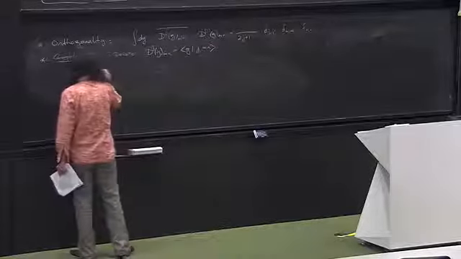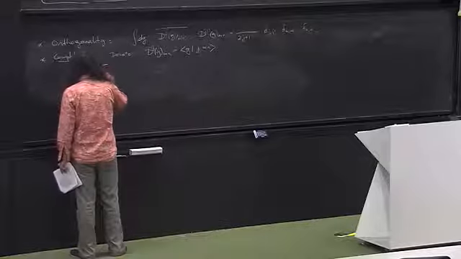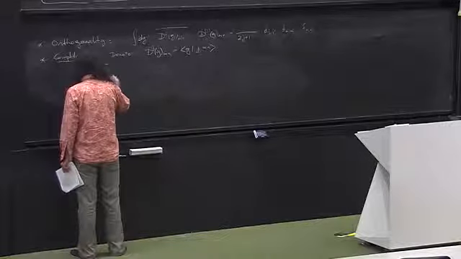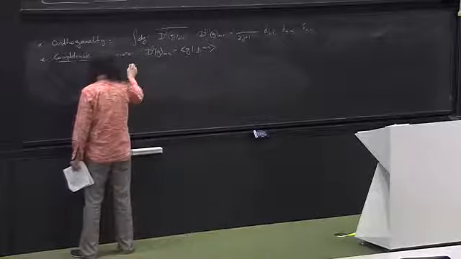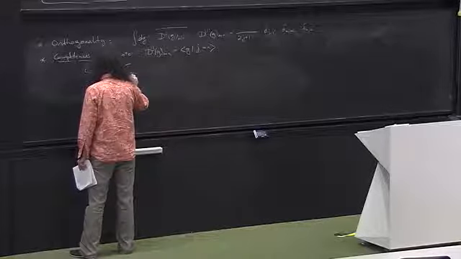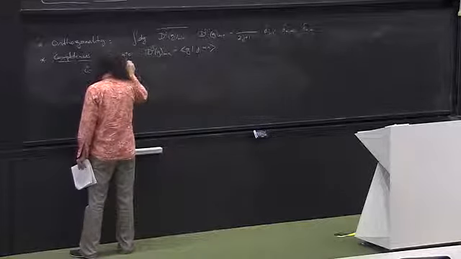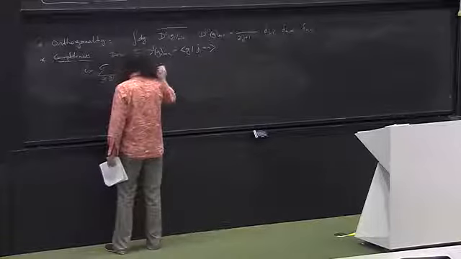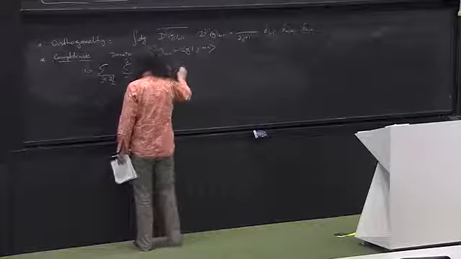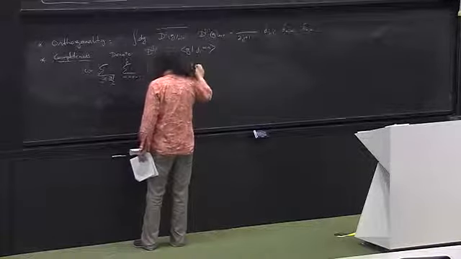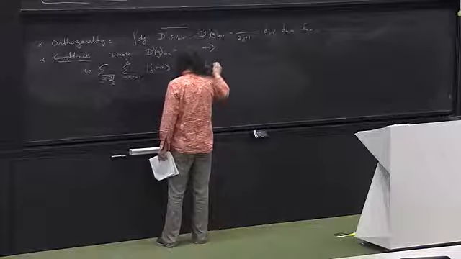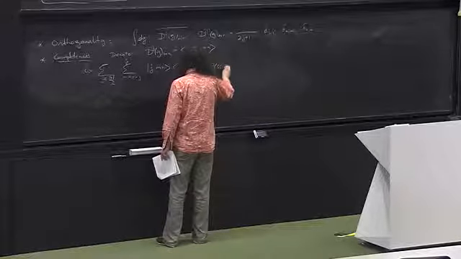And you have the sum over j, all half integers, sum over m and n from minus j to j of |j, m, n><j, m, n|. That's the identity on L2 of SU(2).